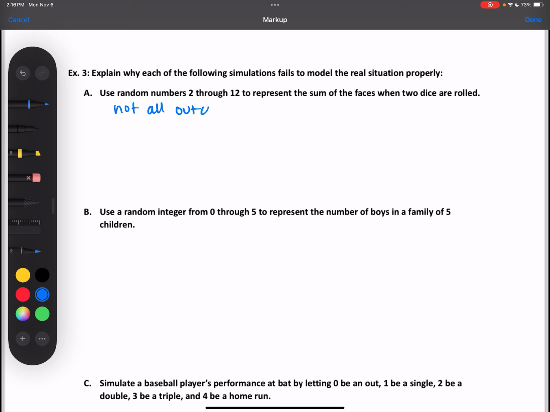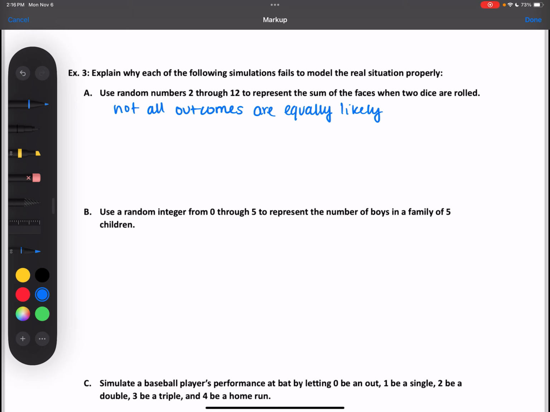How many ways can I get a sum of 2? Only 1 and 1. So there's only one way. But 8 I can get with 2 and 6, 3 and 5, 4 and 4, so there are 3 ways. How many ways can I get 11? 6 and 5.